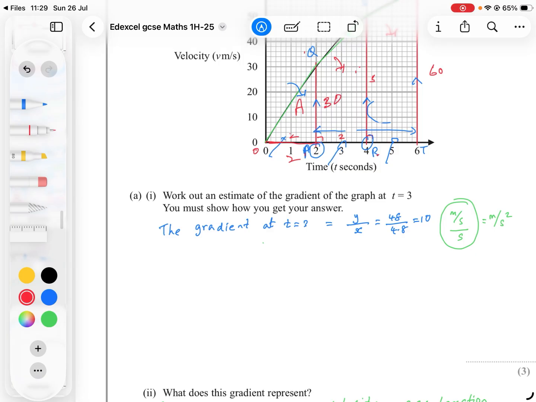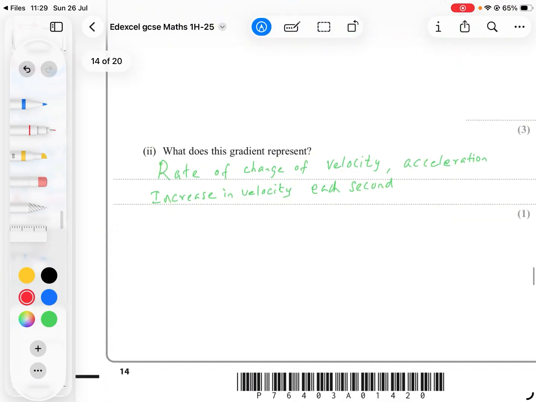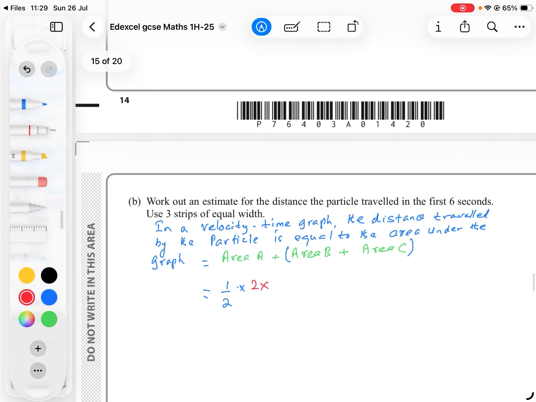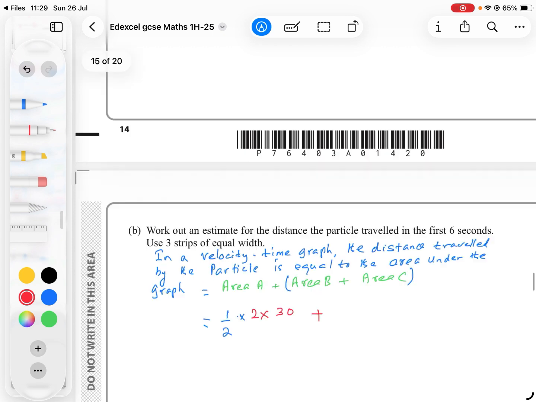So 0 to 30, that's 30. Plus the area of B.